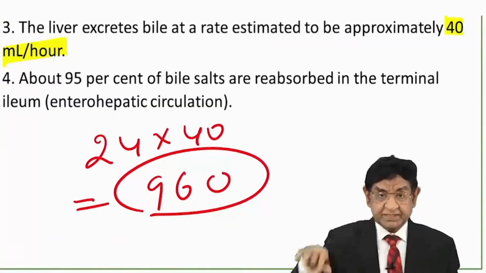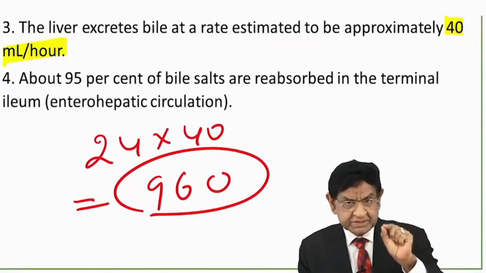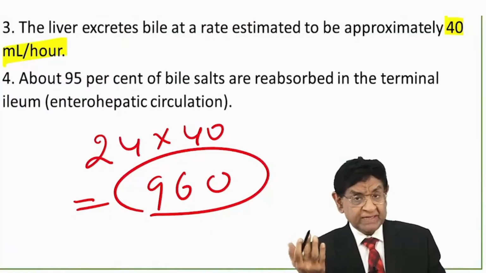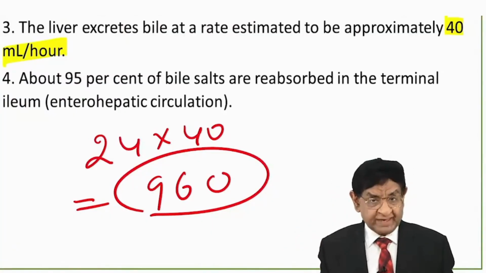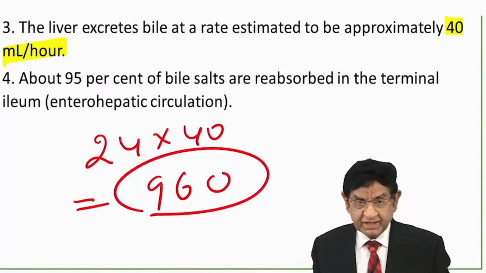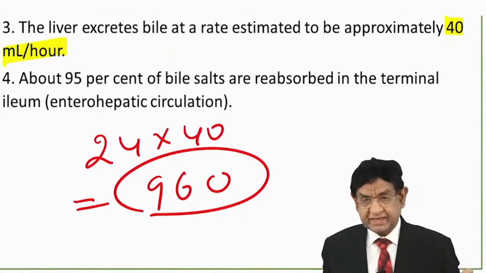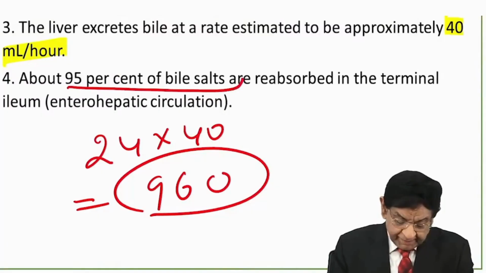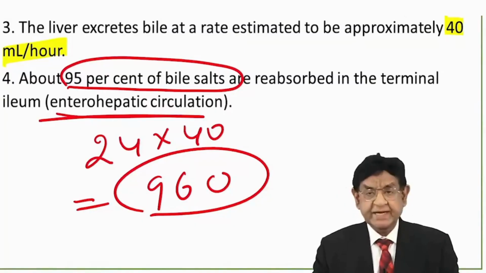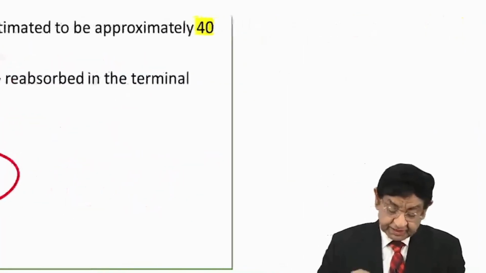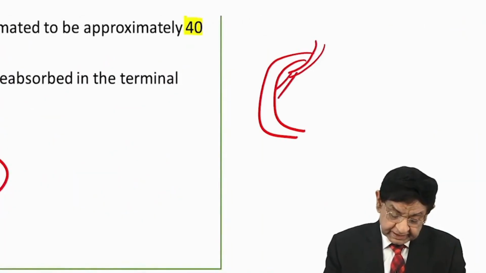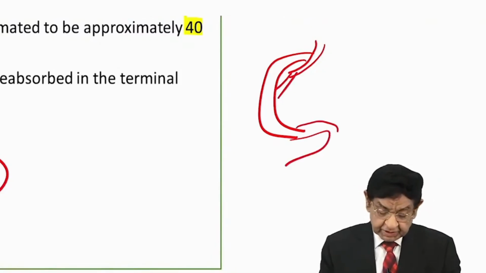And ultimately it comes, but why am I discussing this point? Now comes the most important line. Remember, they contain a lot of bile salt which is very, very important for fat digestion. And all this one liter of fluid which the liver is making ultimately contains bile salt. 95% of bile salt is reabsorbed in the terminal ileum via enterohepatic circulation. What I mean to say is, it comes to the second part of the duodenum, and ultimately it goes to the terminal ileum.